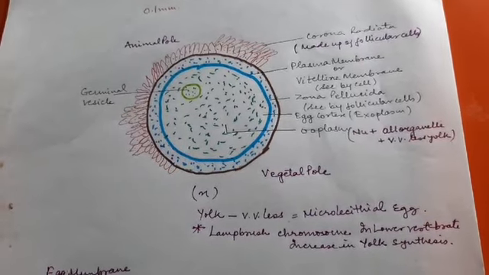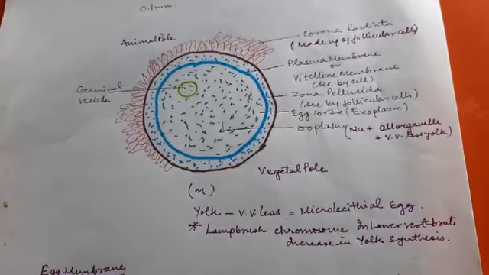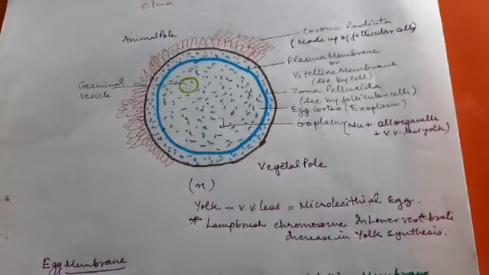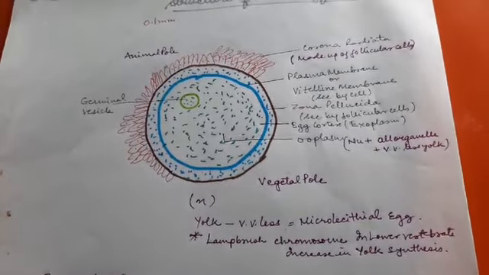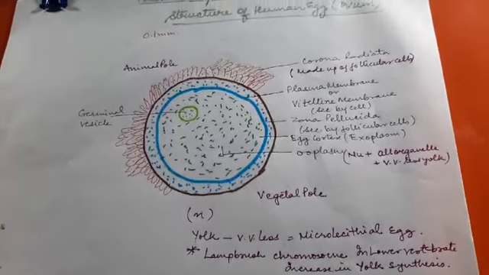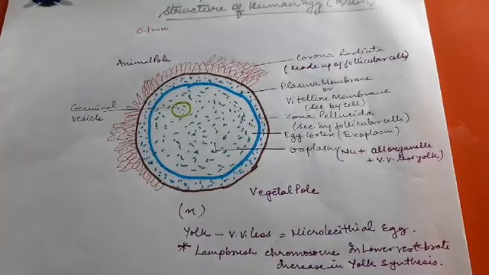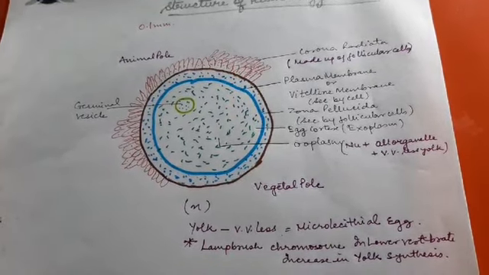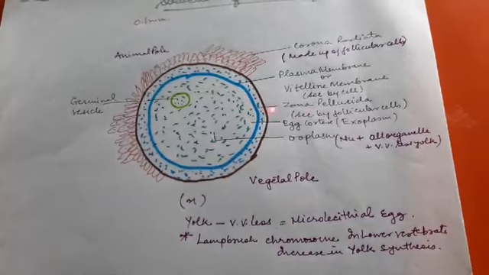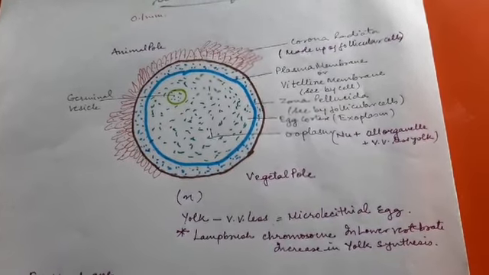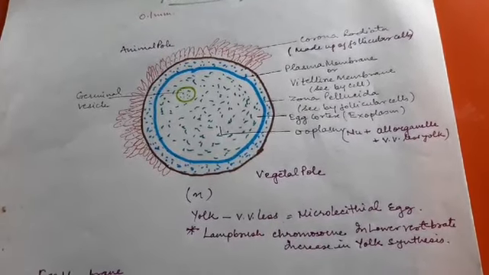Outside this vitelline membrane there is a non-cellular layer, and this is secreted by follicular cells. So, because there are no cells, this layer is known as zona pellucida and it is secreted by follicular cells.